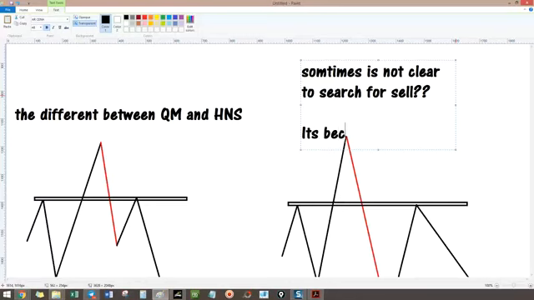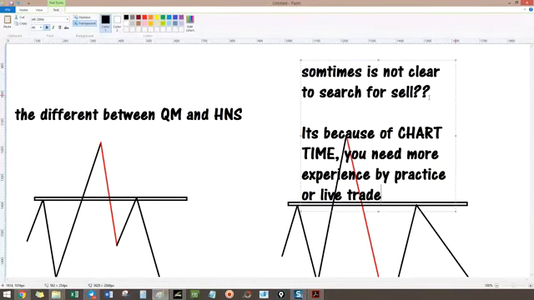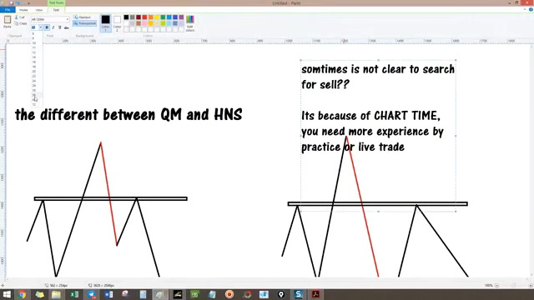It's because of chart time. You need more experience by practice or live trade. That's it. That is the only way for you to spot it easily.